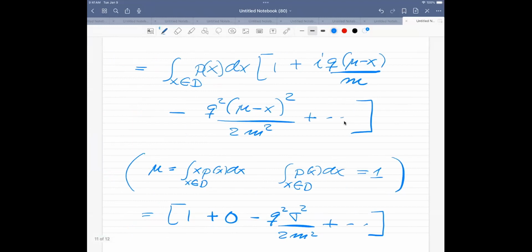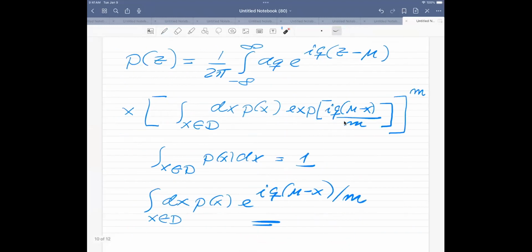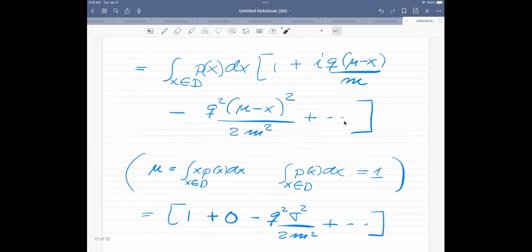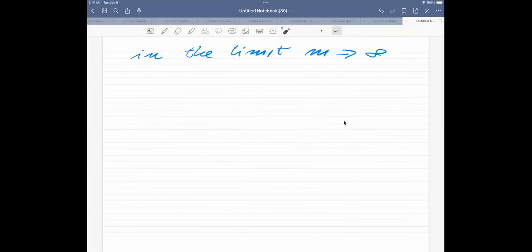I'm going to plug this expression back in here. There are some different integration tricks which will be applied, but I just wanted to save you from these technicalities.